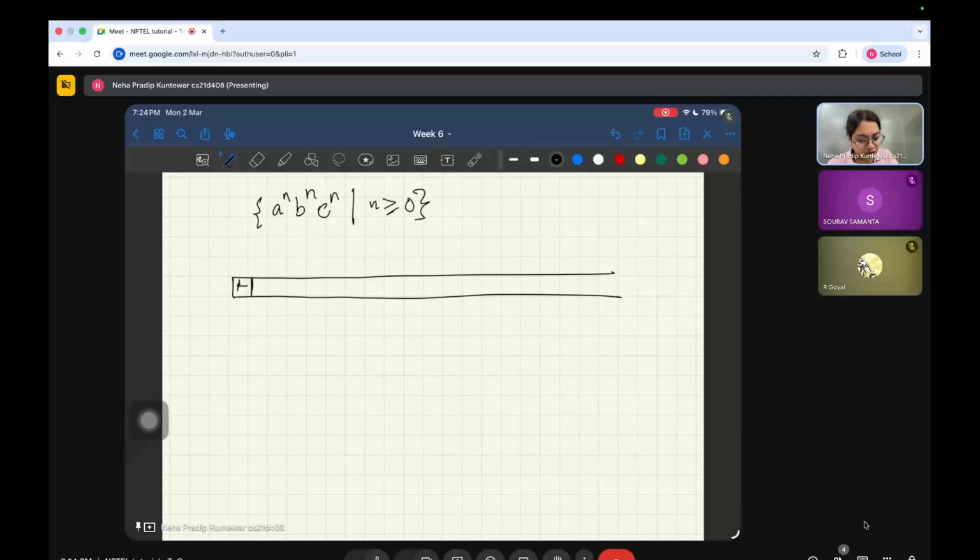So, let's say this is the left hand marker, and after this there is going to be the input, and then there are infinitely many cells to the right.